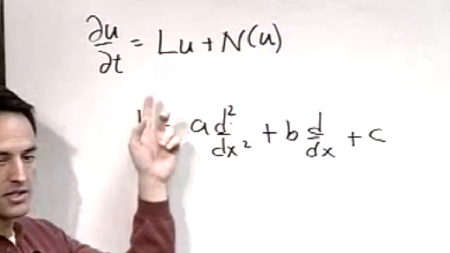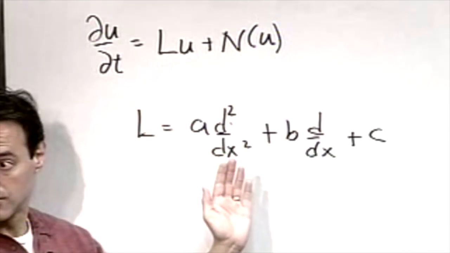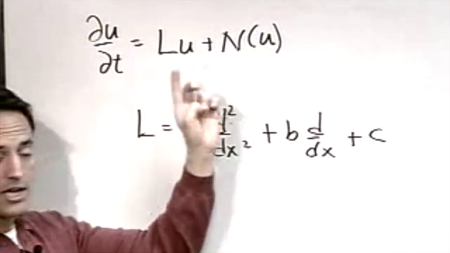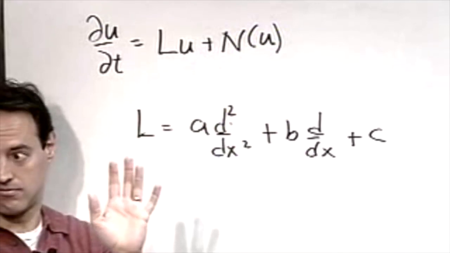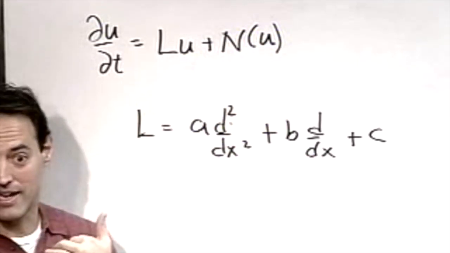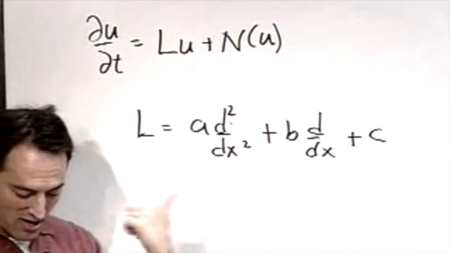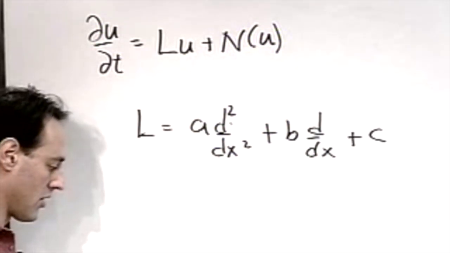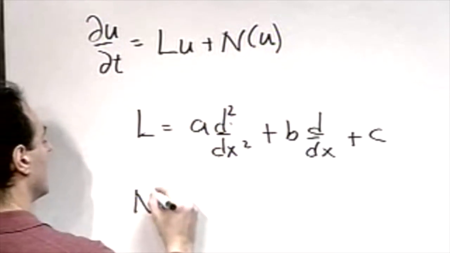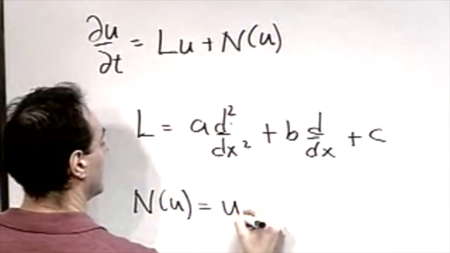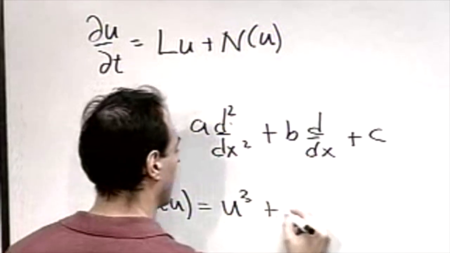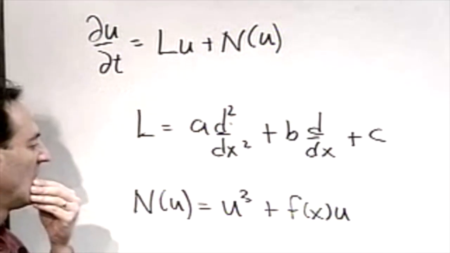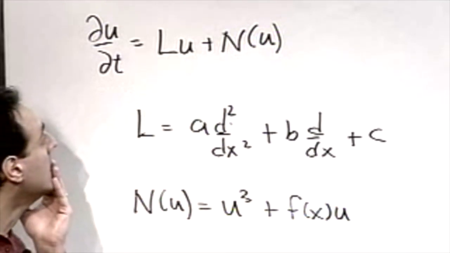The main thing about this is it's constant coefficient, linear. N is everything else that's bad. What I mean by bad is nonlinear terms and non-constant coefficients. Let's talk about how to deal with them. N is going to be stuff like u cubed plus some f of x, u. These are just examples.